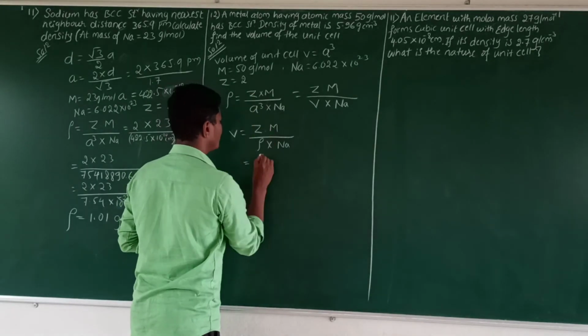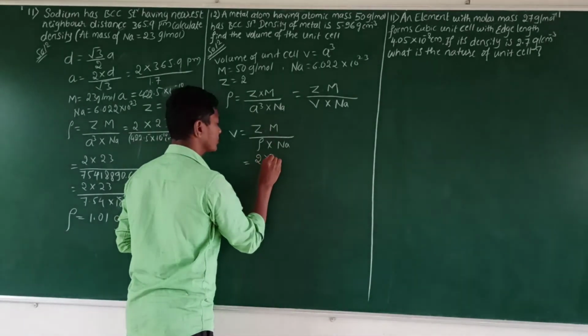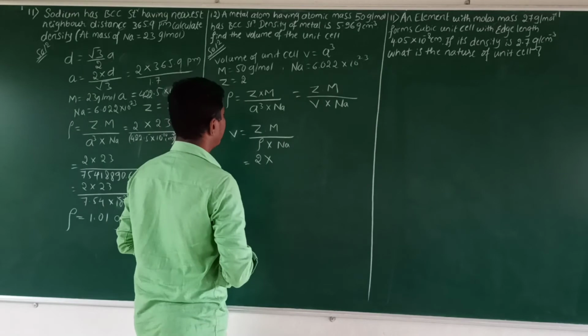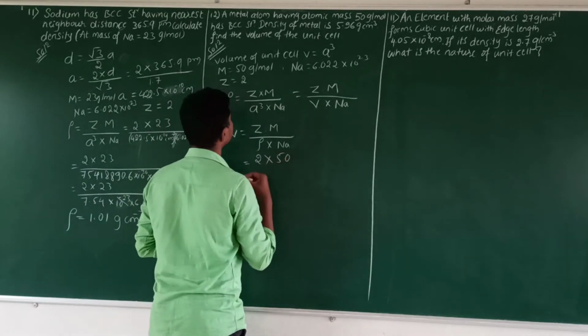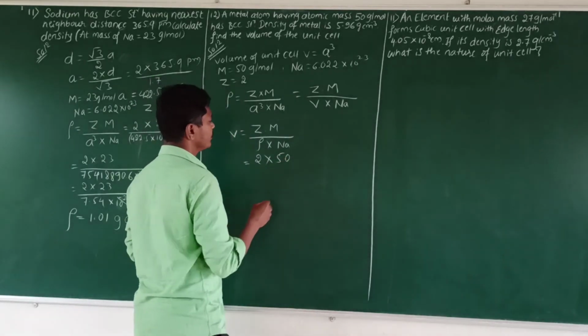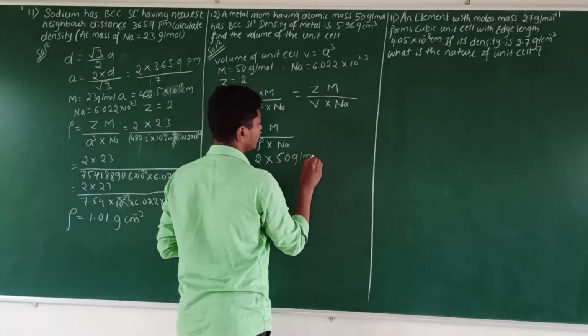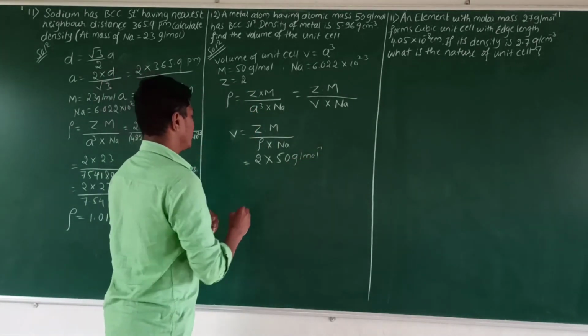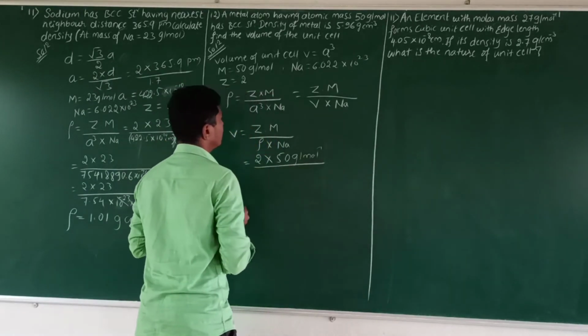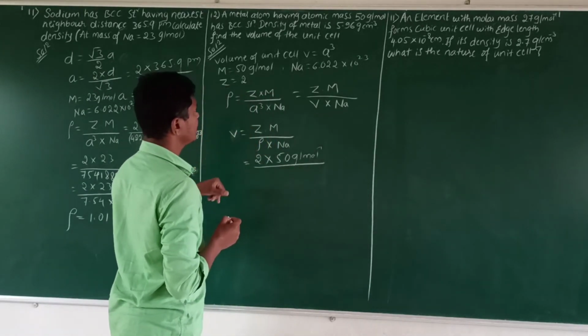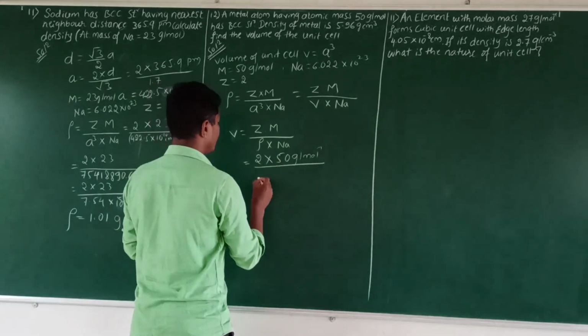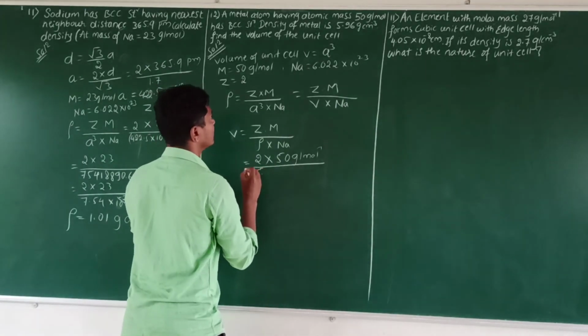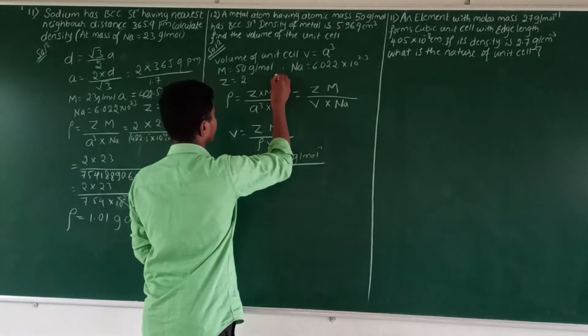Z is equal to 2 and mass is equal to 50 gram per mole. Density is equal to what? I'm forgetting the density here.